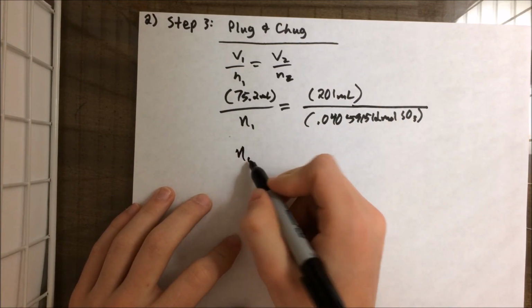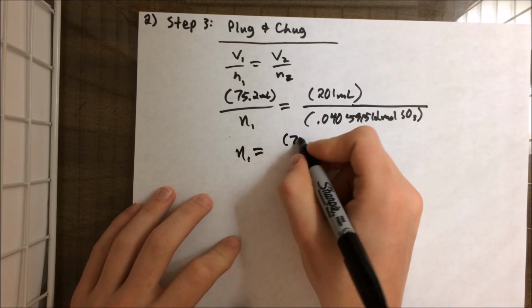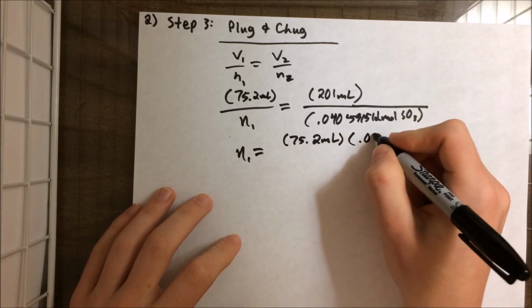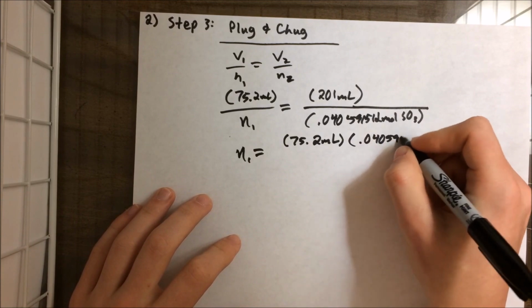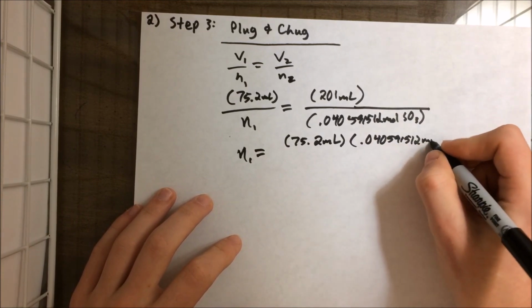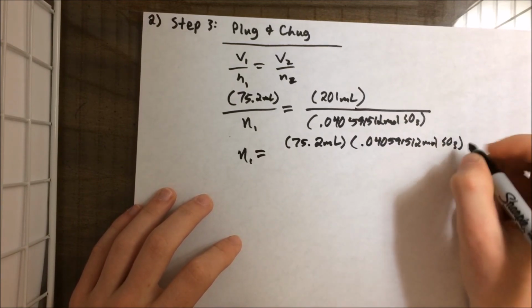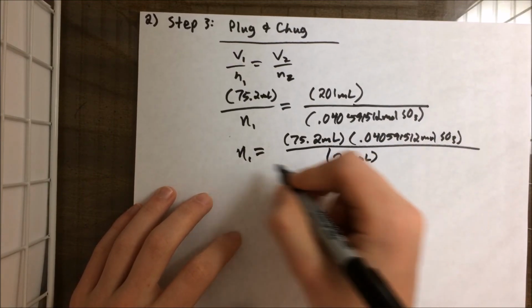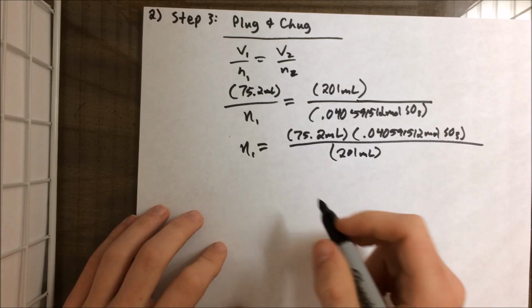Okay, so then n1 is equal to 75.2 milliliters times 0.040591512 moles of SO3 all over 201 milliliters. We're just isolating the unknown.